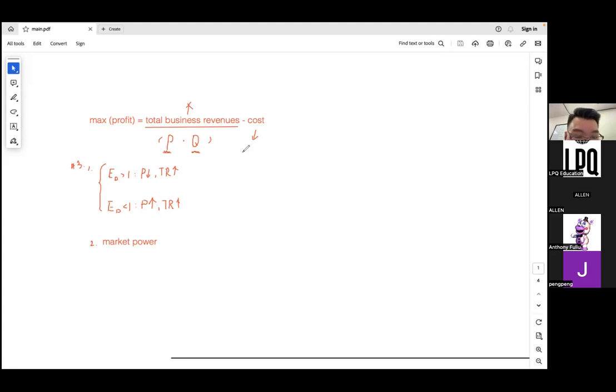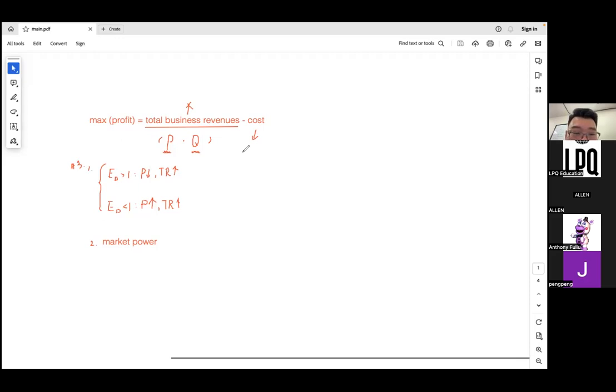Some of you may think, okay, bigger Q means a higher level of business revenue, right? If we produce a lot of goods and services, maybe the total revenue can be increased. So my question is, is that always right?